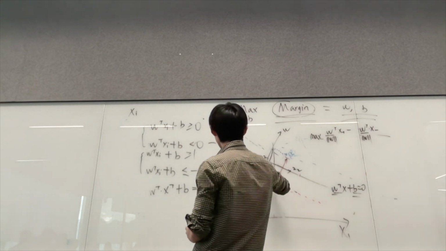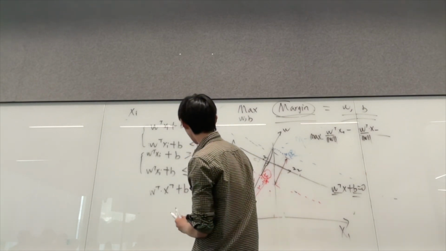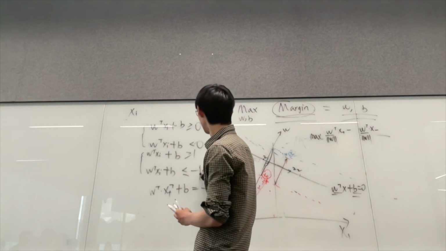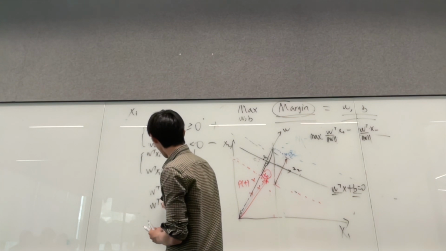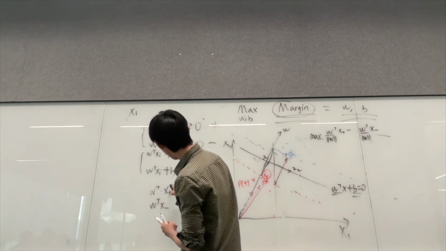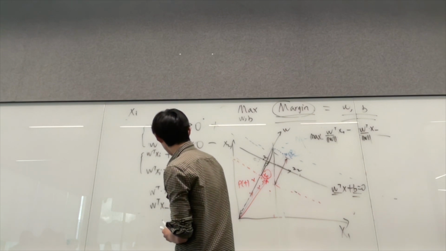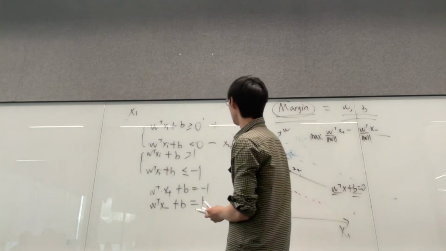Oh, sorry, it's on this one, so it would be minus 1. So this is plus, right? And for this one, we have w transpose x plus b equal to 1.